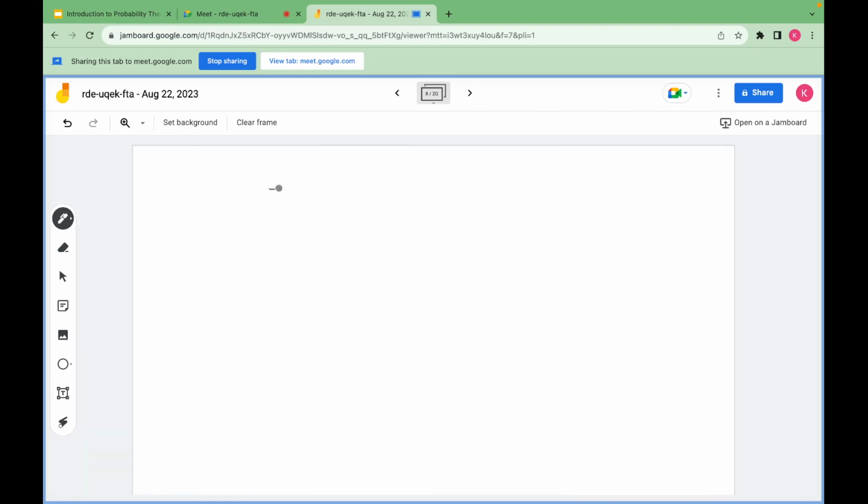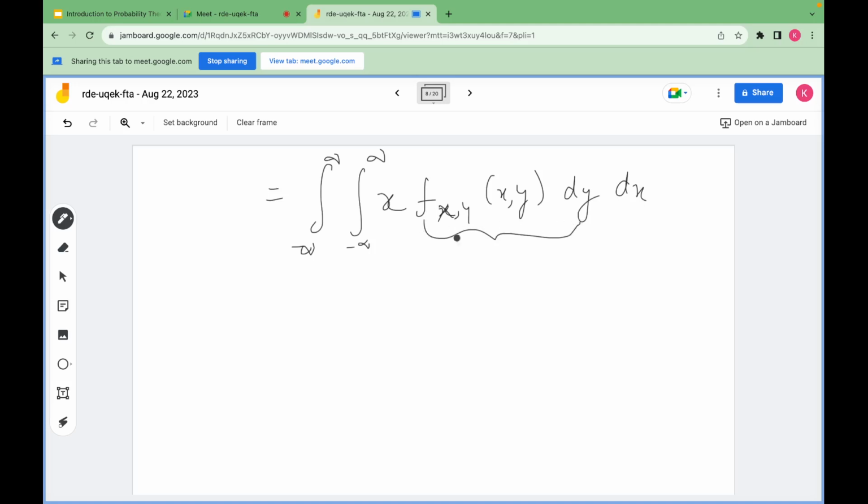Then we got the integral from minus infinity to infinity of x times the joint distribution, with dy dx.